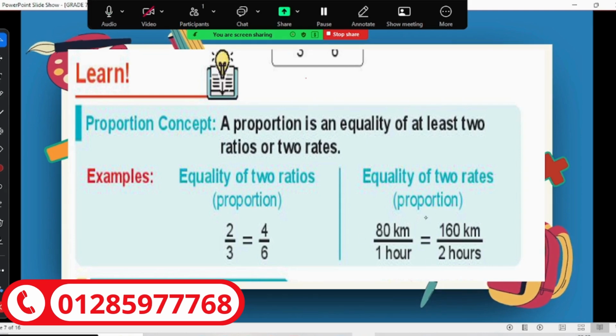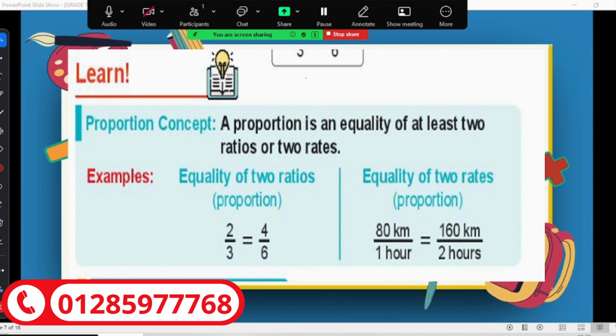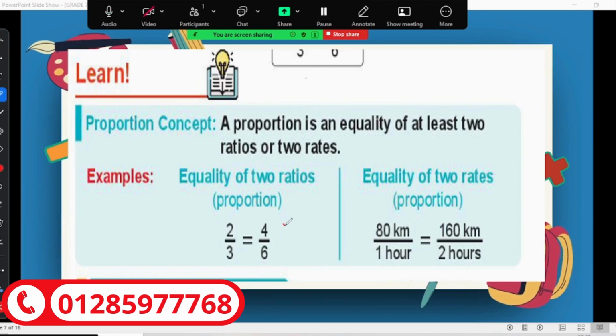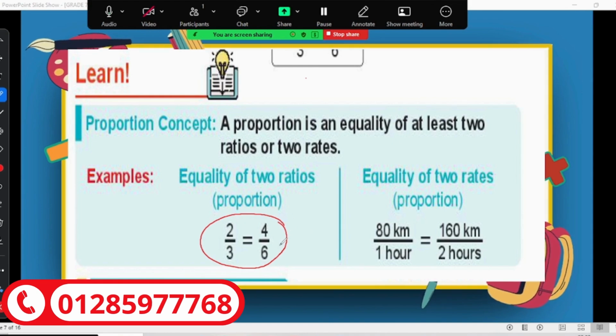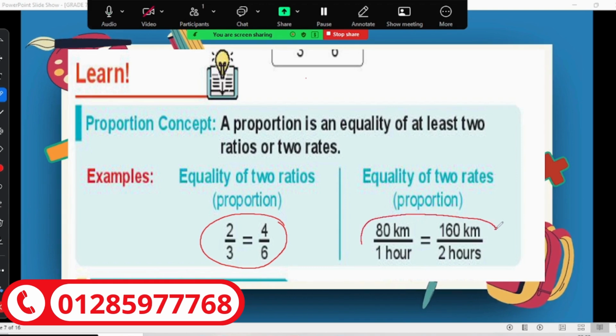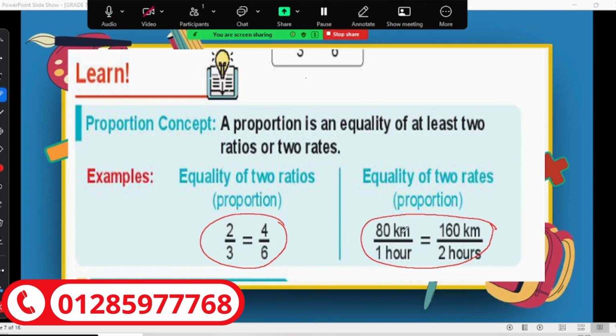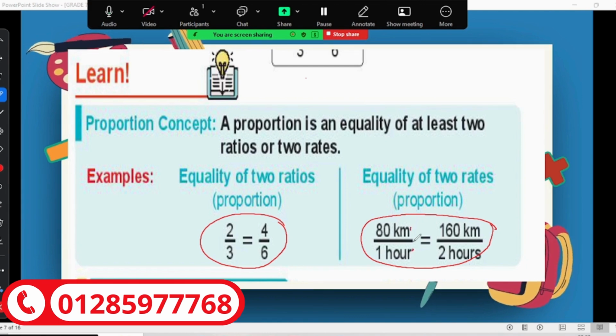This is a proportion between two rates, but here this is a proportion between two ratios in the same unit, so it's unitless at the end. But here we have equivalence of two rates. A rate is a comparison between two different quantities.